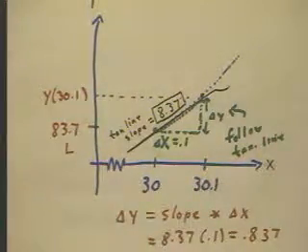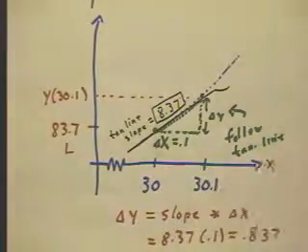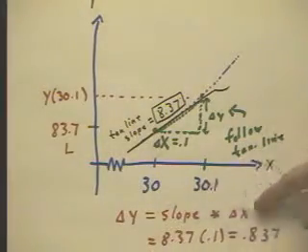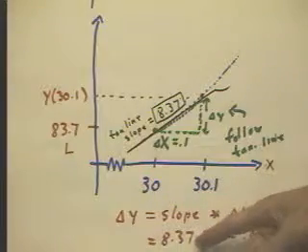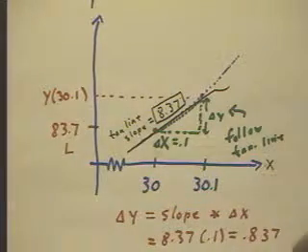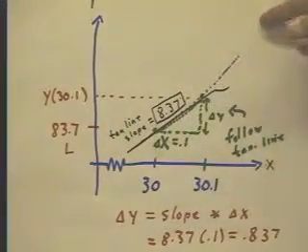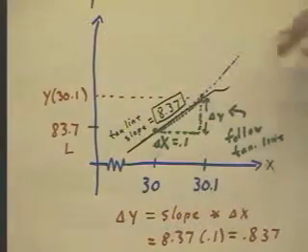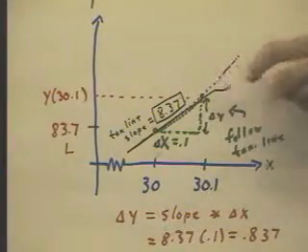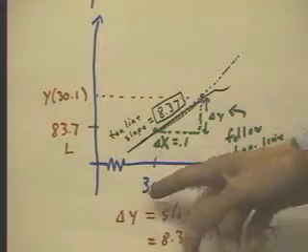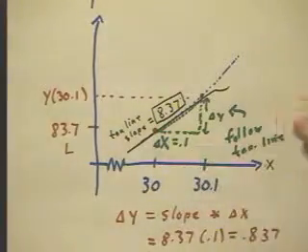That's a no-brainer, since delta y over delta x equals the slope. So we multiply the slope by delta x, the 8.37 liters per centimeter, by the 0.1 centimeters, and we get 0.837 liters of difference. An approximation to what actually happens on the curve. Not exactly what happens, but a very close approximation, as long as this distance is small.